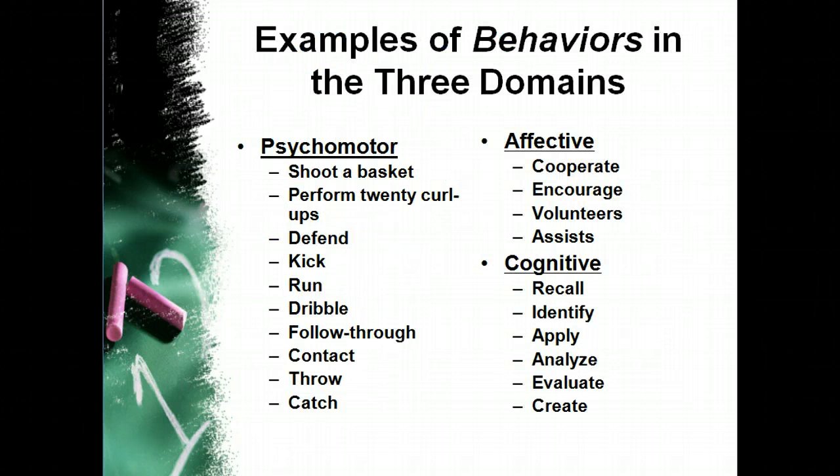Here we have some examples of behaviors in the three domains: the psychomotor domain, the affective domain, and the cognitive domain. Some examples in the motor or psychomotor domain are shooting a basket, performing 20 curl-ups, defending, kicking, running, dribbling, following through, contacting, throwing, catching, and so on. In the affective domain, some of the verbs are cooperate, encourage, volunteer for something, assist with something.